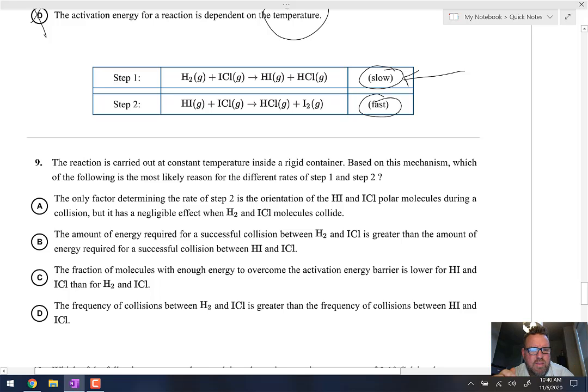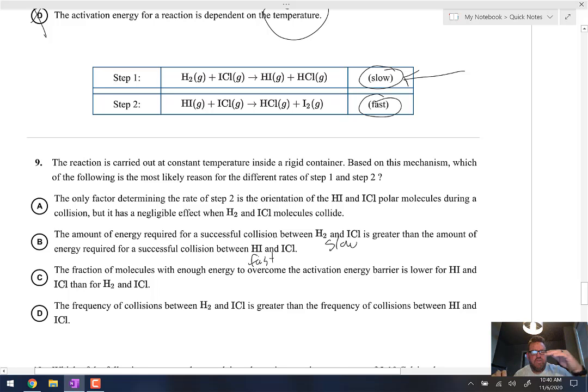Okay, letter B, the amount of energy required for a successful collision between H2 and ICl, so that's step 1, that's the slow step, is greater than the amount of energy required for a successful collision between HI and ICl. Okay, and that's our fast step. That actually makes sense.